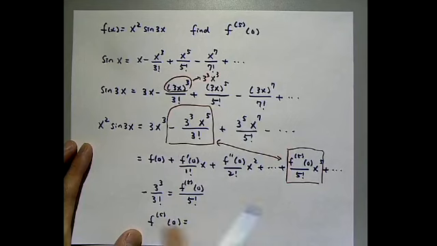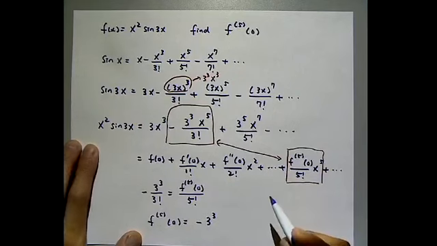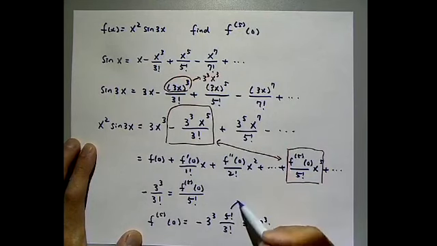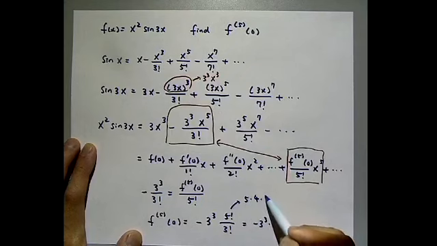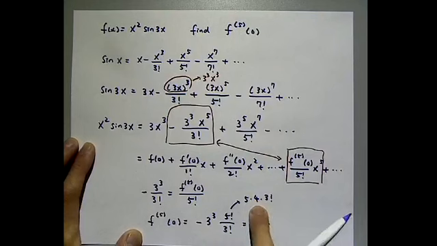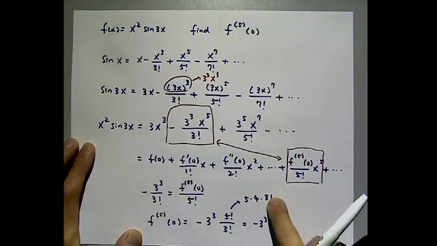So therefore, this thing that you wanted to find must be equal to negative 3 cubed times 5 factorial over 3 factorial. And 5 factorial is 5 times 4 times 3 times 2 times 1, which is 3 factorial times 20. So those cancel.